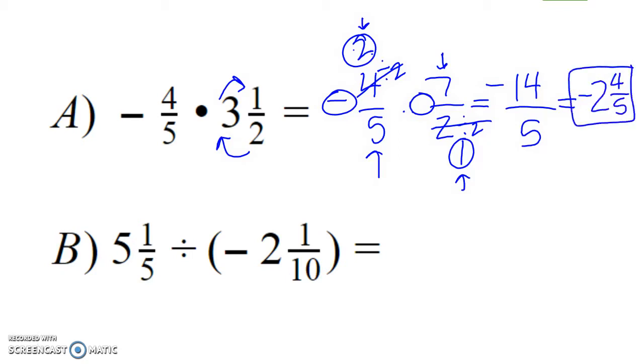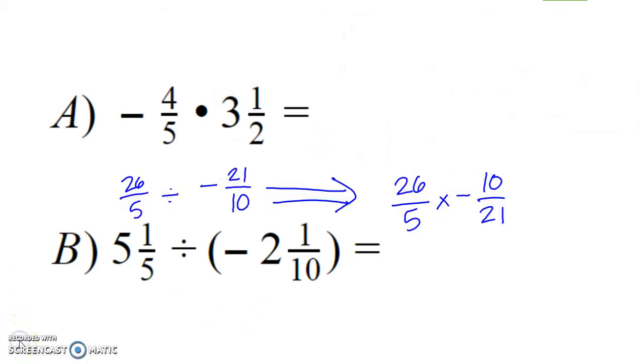All right, I want you to try B on your own. Hit pause, work it out on your own, hit play to check your answer. Our first couple steps are we first want to convert our mixed numbers to improper fractions. So I get 26 over 5 divided by -21 over 10. Then I'm going to multiply by the reciprocal. So first fraction stays the same, change division to multiplication, and then we flip the second fraction.